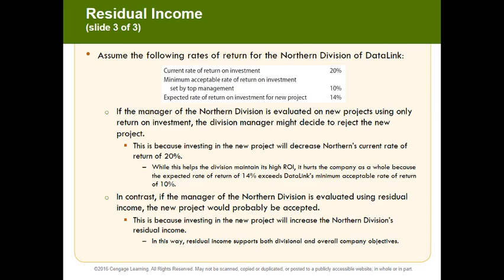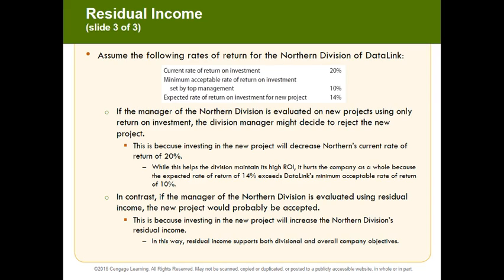One of the problems you may find in the real world is that sometimes bonus structures in place for divisional managers may actually be contrary to encouraging the use of something like residual income.